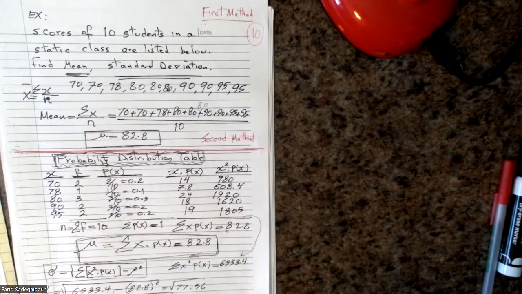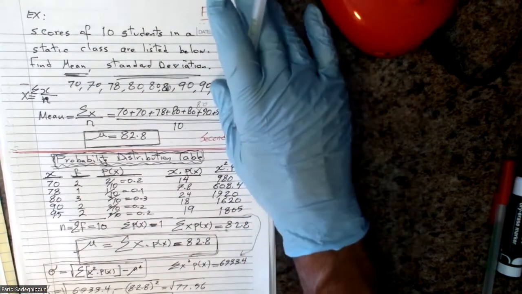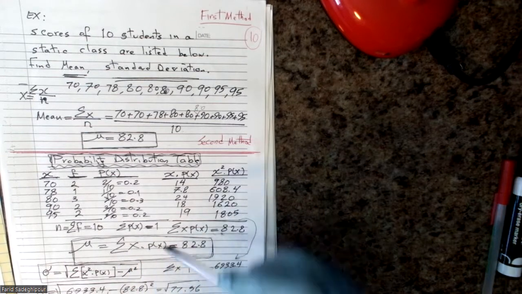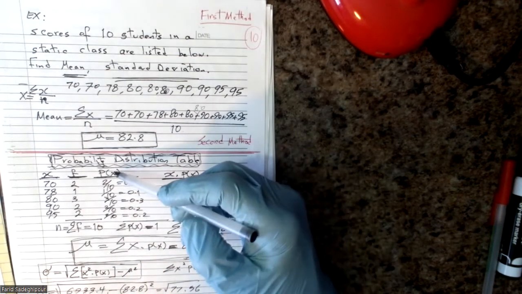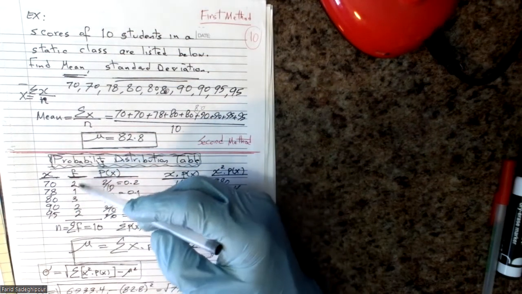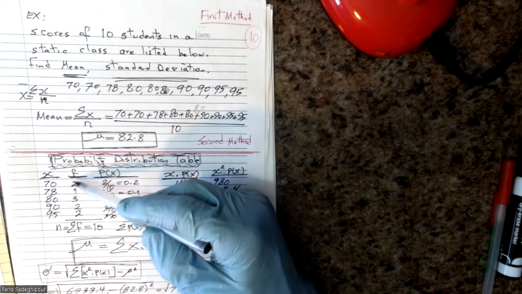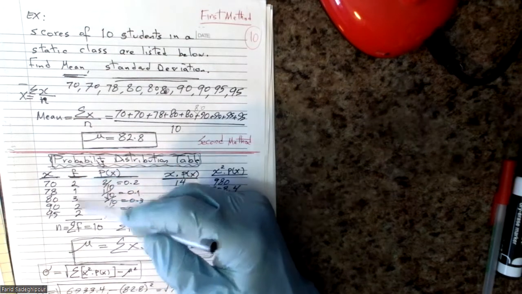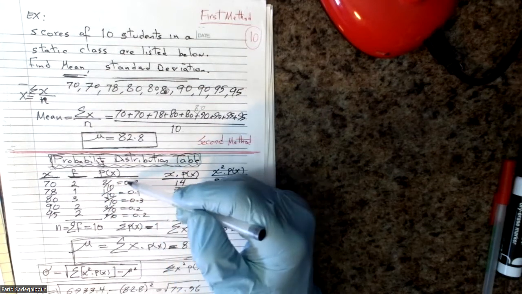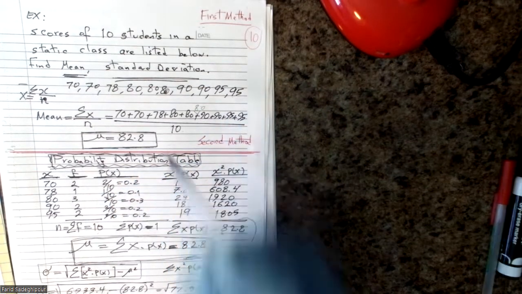The formula for the mean of a probability distribution is the sum of x times P of x, so I need to find the probability. To find the probability for each, remember you take the frequency divided by n. So 2 divided by 10, 1 divided by 10, 3 divided by 10. That's how you calculate the probability of x.